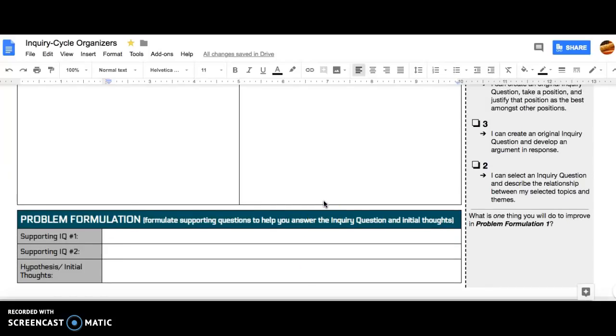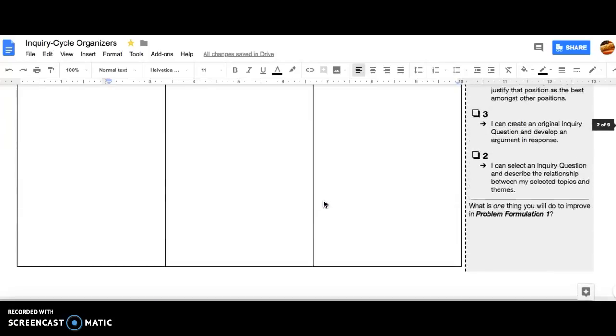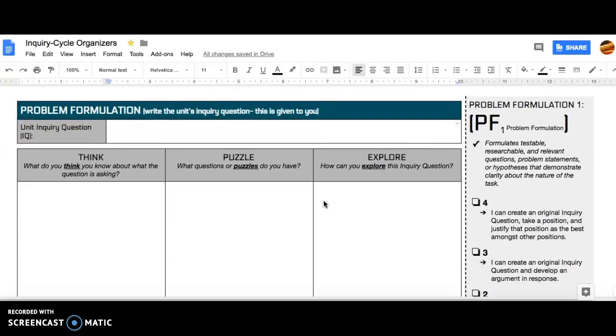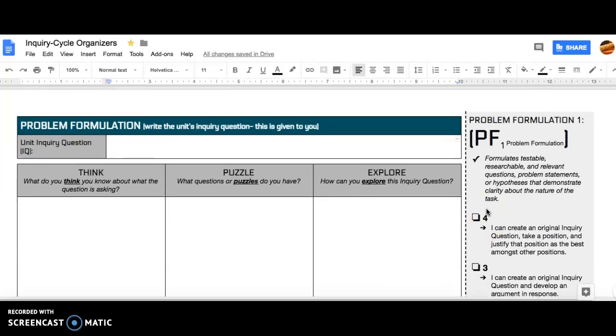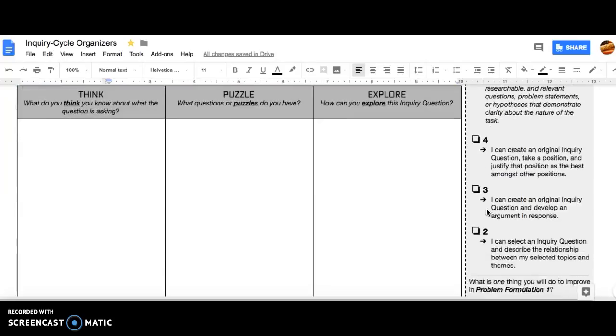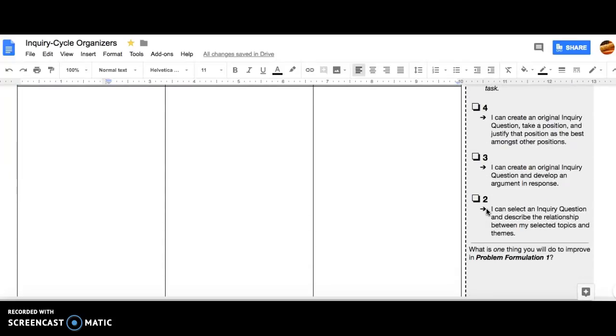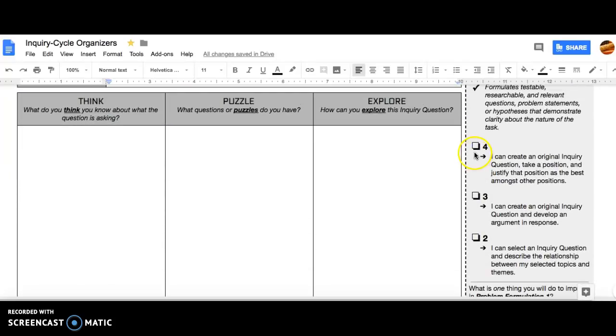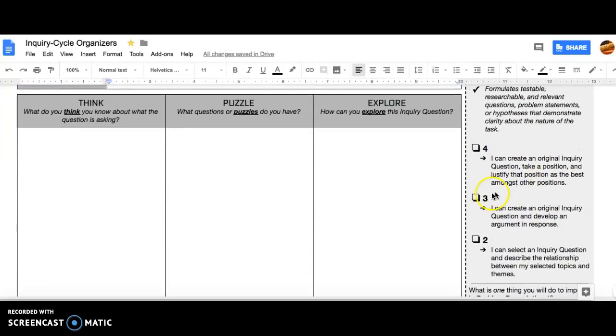Okay, so in the final part of problem formulation, if you noticed, and you should have noticed already, is a checklist over here. Now this checklist includes the learning goals for problem formulation. In order for you to meet the standard at grade level, you should receive a 3 in problem formulation.